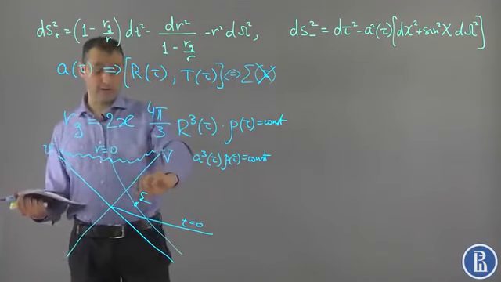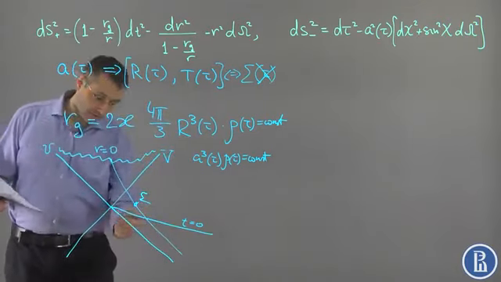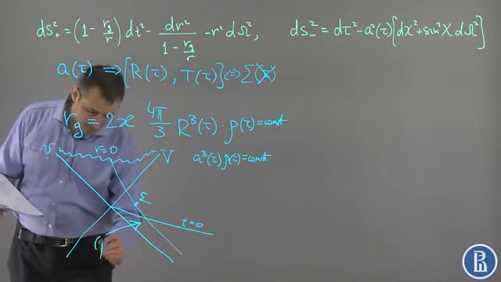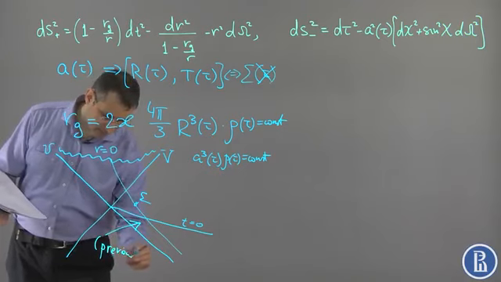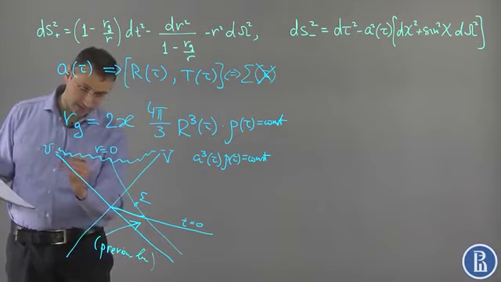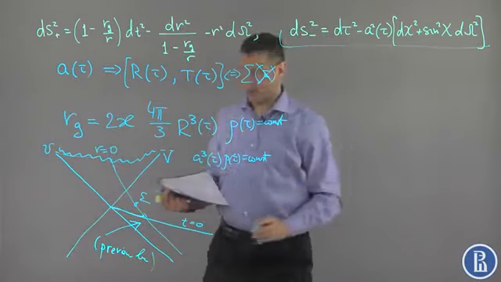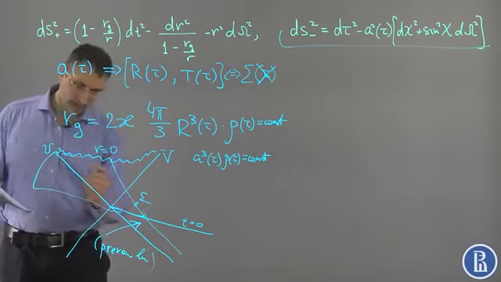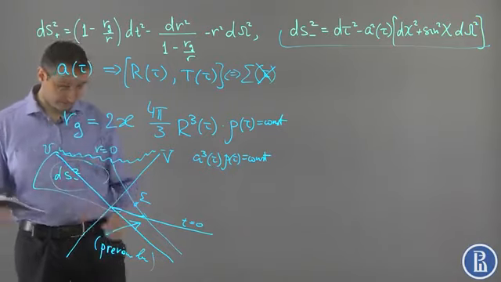In Kruskal coordinates, we have this. And in here, we have to glue what we have encountered in the previous lecture. And here, in this region, we have to glue the Penrose diagram following from this metric in here, from ds minus square, so to say.